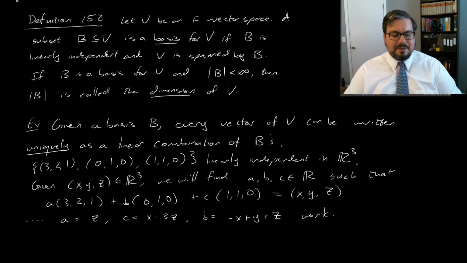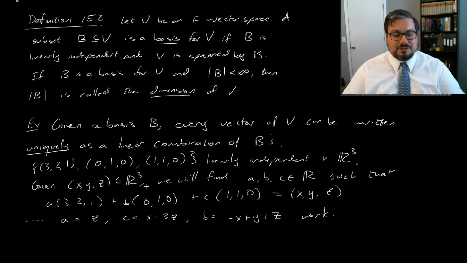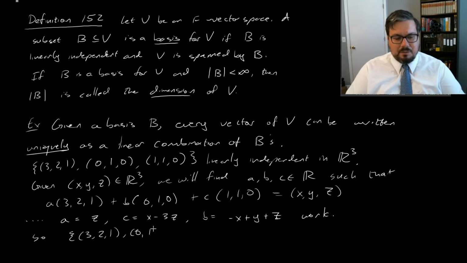If we let a, b, and c be these values, no matter what x, y, and z are, then when you plug them in, you get x, y, and z out of it. That shows that this set of vectors spans all of R3, and therefore it's a basis. So this set of vectors (3, 2, 1), (0, 1, 0), and (1, 1, 0) is a basis for R3.